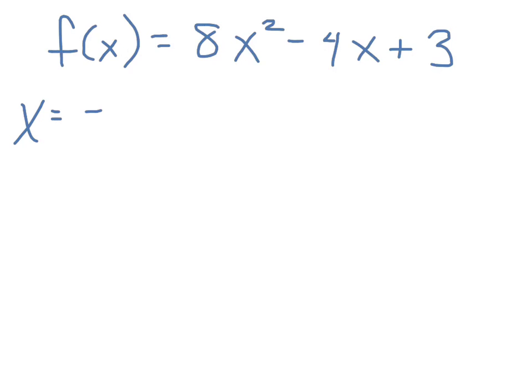X equals negative b over 2a. Does that ring a bell? That's how you find the x coordinate of the vertex. It's also your axis of symmetry. What number is in the x or b spot?